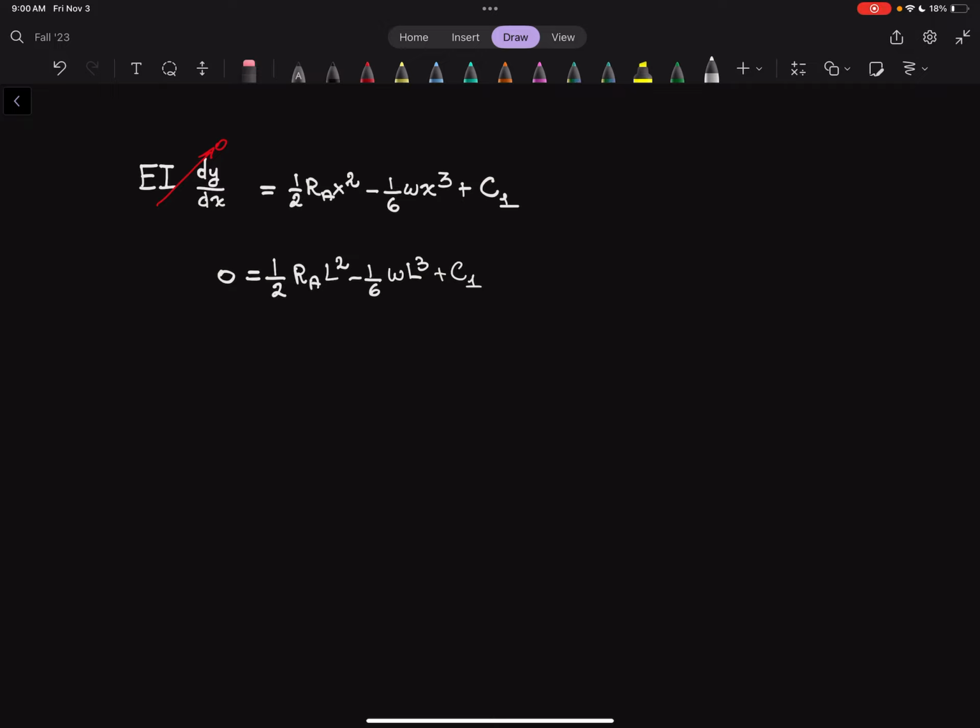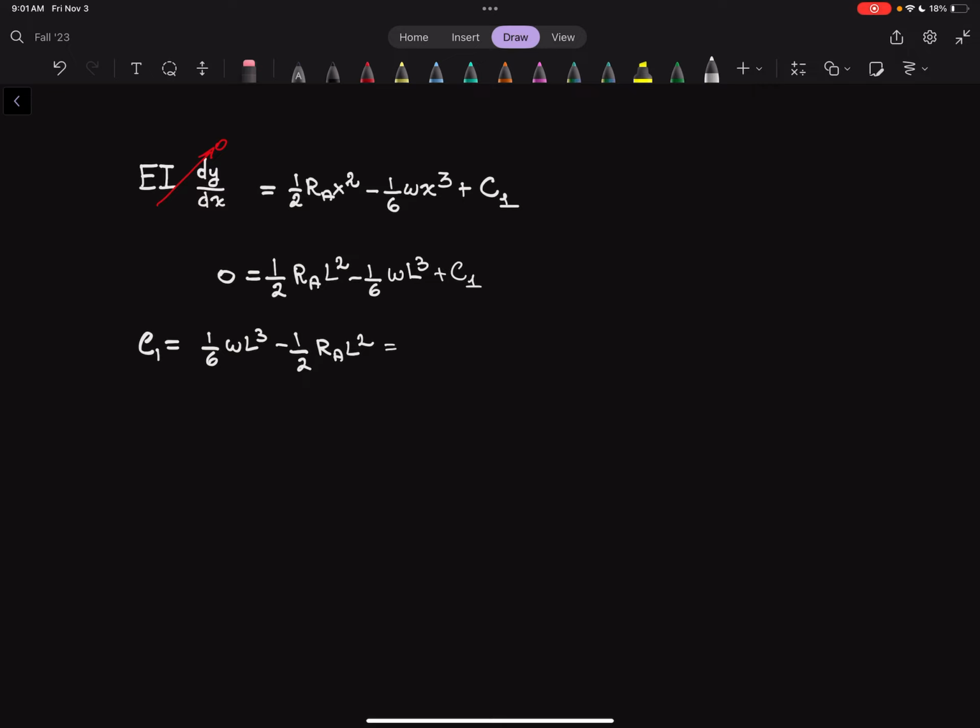And so I can say C1 equals 1/6 WL to the third minus 1/2 RA L squared.